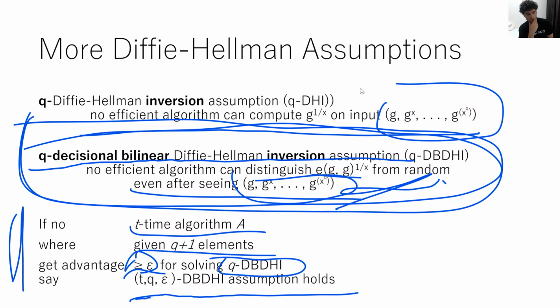If you can predict with more than 50% accuracy, then your advantage is your accuracy minus 50%. So it's how much better you can perform than a random guess. And obviously we want to minimize that to as close to 0 as possible. So this is where this comes from.